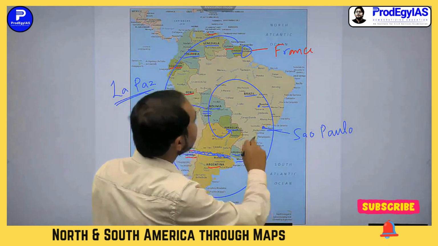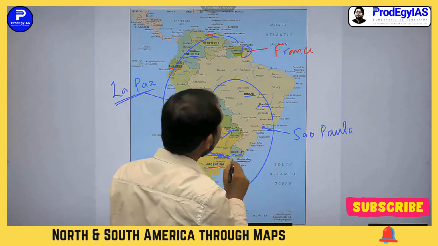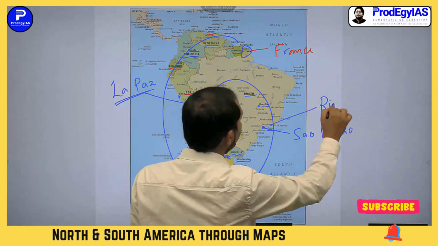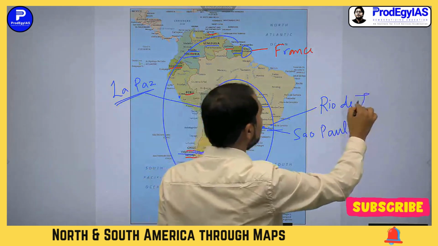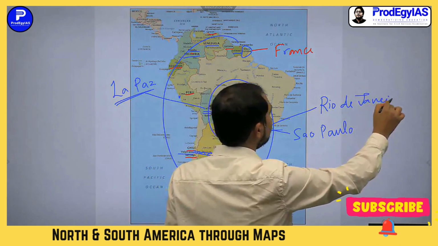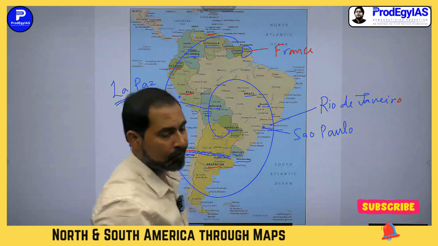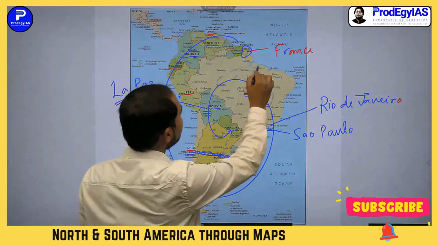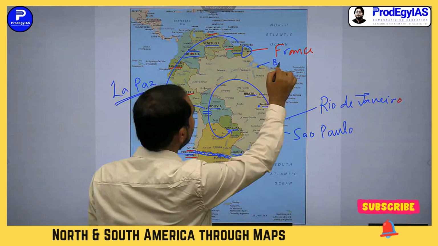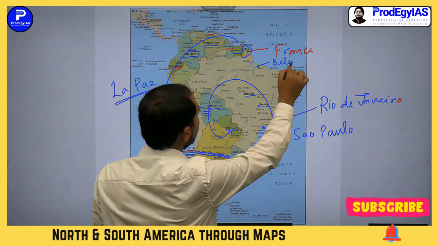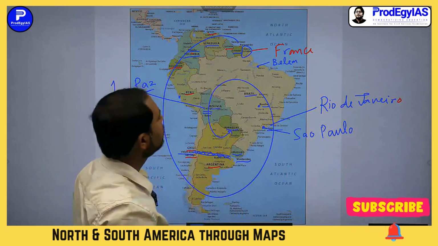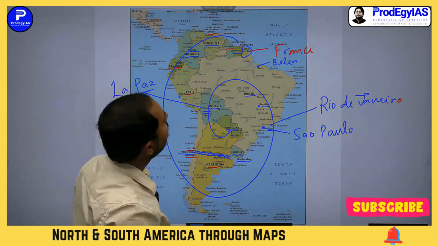And Rio de Janeiro, this one also. Yes. Belém. This is also an important city. Belém, a coastal city on the riverine port of Amazon. Right?